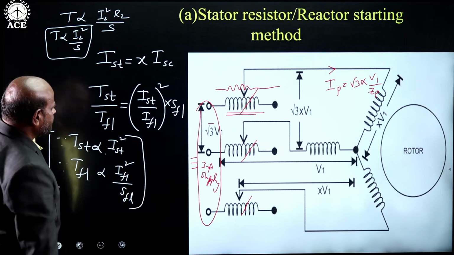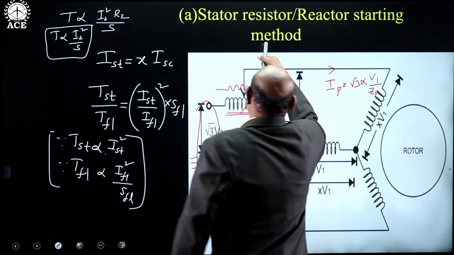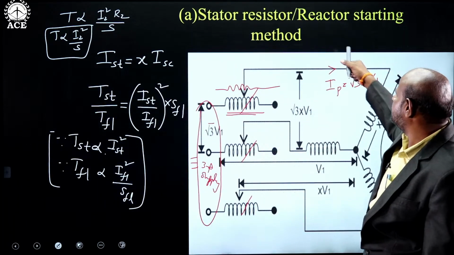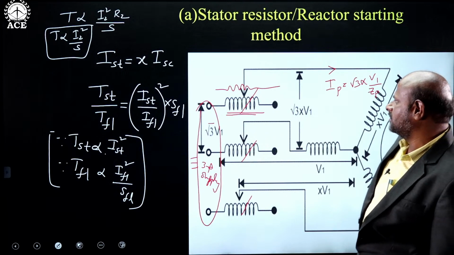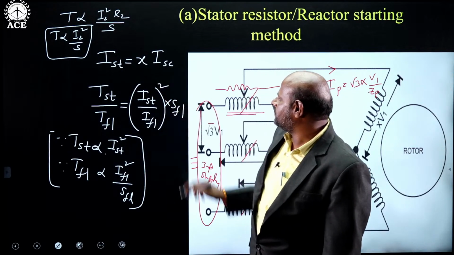Right. So now, what is the starting current using this stator resistance and reactance starting method? The starting current is X times ISC.